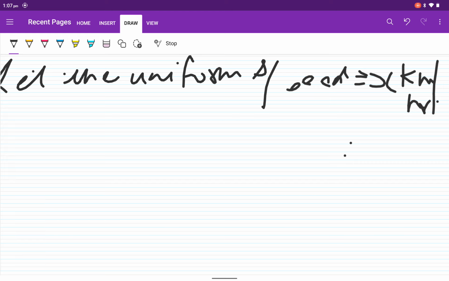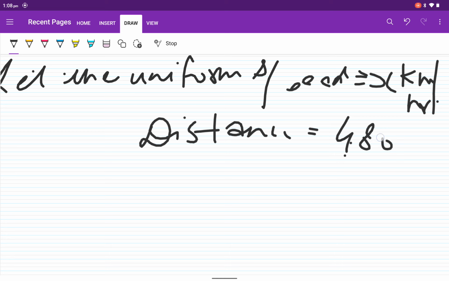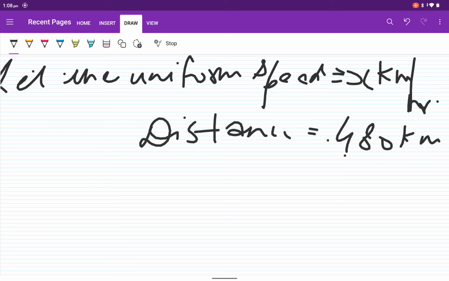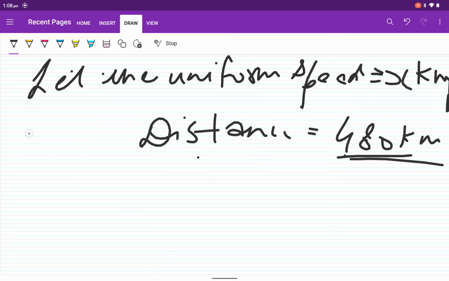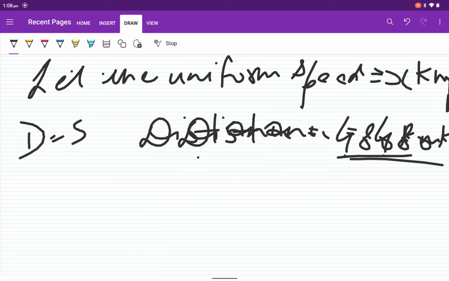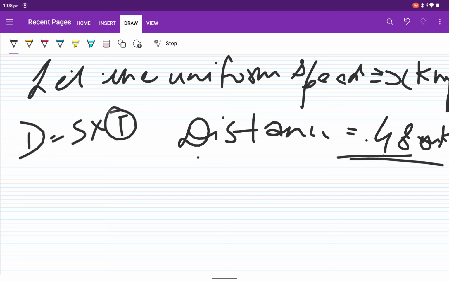And your distance has been taken as 480 kilometer, so the distance is the same. You are given the distance and the speed, but you are not given the time, so we have to find the time only.